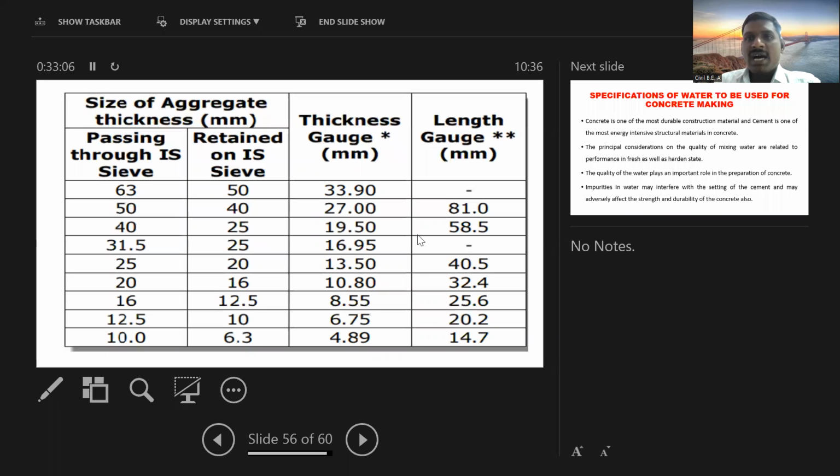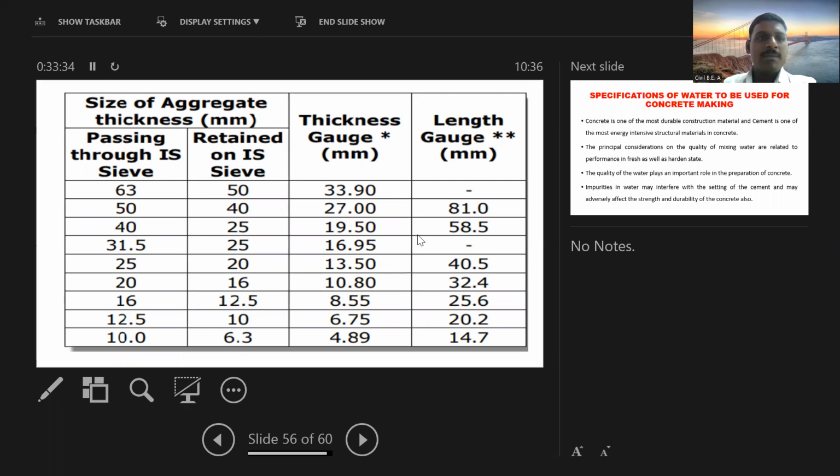So we are here with this table, and in this table they have given the size of aggregate passing through IS sieves. The topmost sieve we have to use is the 63. Very important, the sieve sizes. So the topmost sieve we have to use for aggregate is the 63 mm size, and the bottommost sieve we have to use for the sieve analysis is 10 mm.